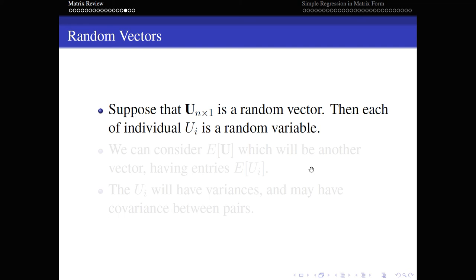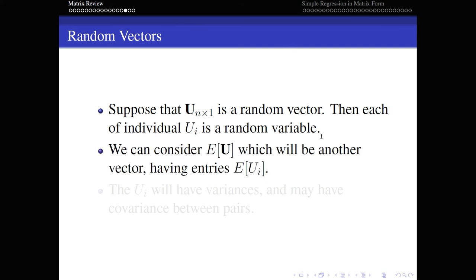Suppose that the vector u, of dimension n by 1, so this is a column vector, is a random vector. Then each of the individual u sub i's is a random variable. So if I have a whole bunch of u's listed down in a column, and we call this whole vector random, then each of the observations within the random vector is itself a random variable.